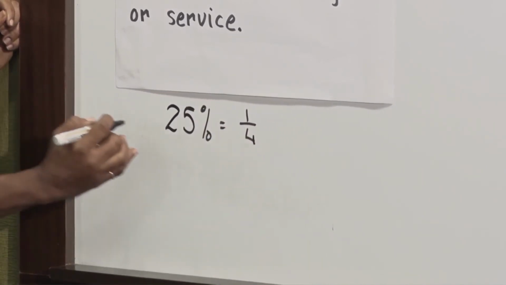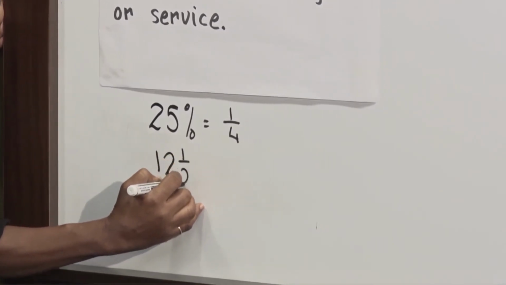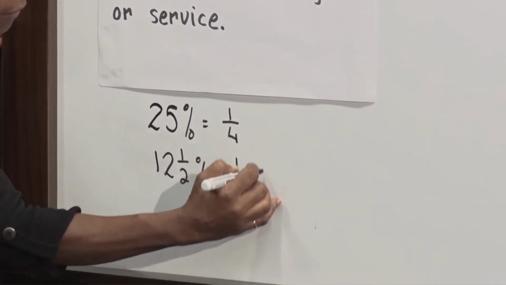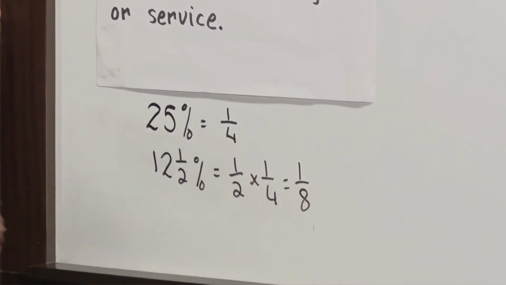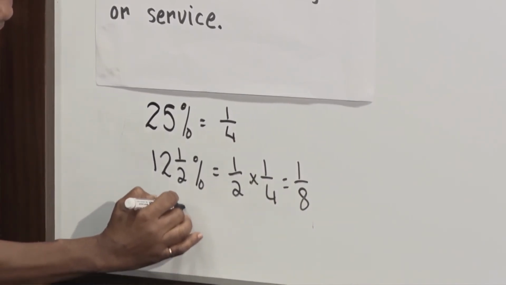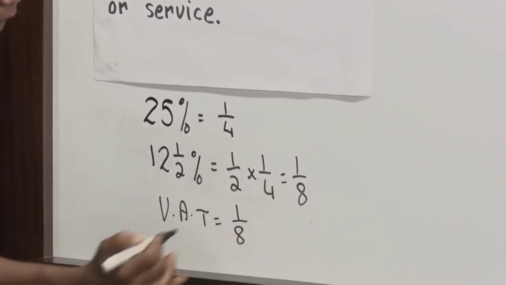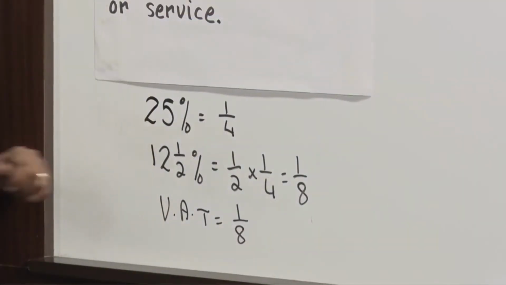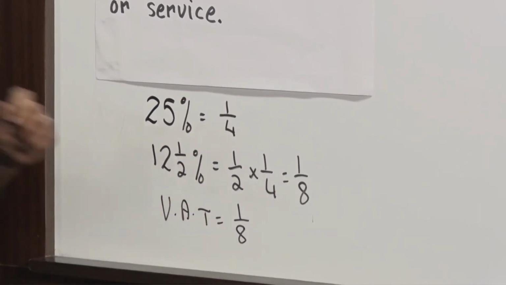Now, 12.5 is half of 25. So 12.5% will therefore be half of a quarter, which is 1/8. So for our lesson for today, we are using value-added tax as 1/8. Even though we know it's 12.5%, we have just discovered that 12.5% is 1/8.